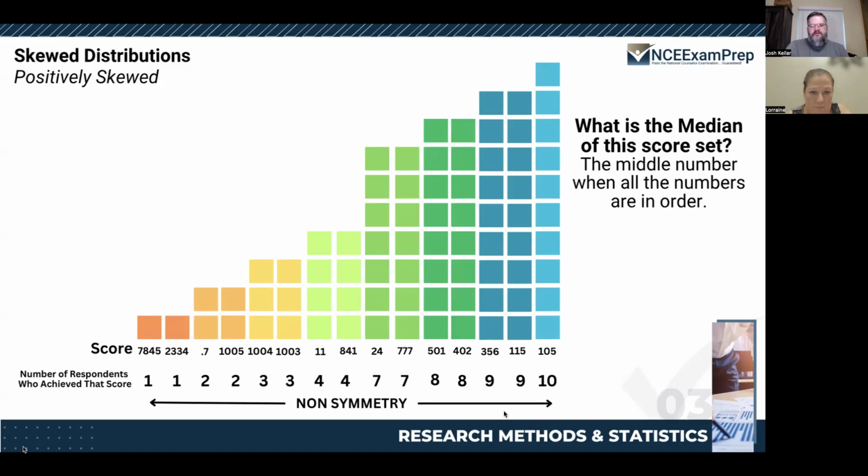Oh, I didn't look at the set. Yeah, we've got to look at the set. What's wrong with this data set? Why can't we find the middle like this very easily? Oh, it's not in order. It's not in order. Yes, very good.